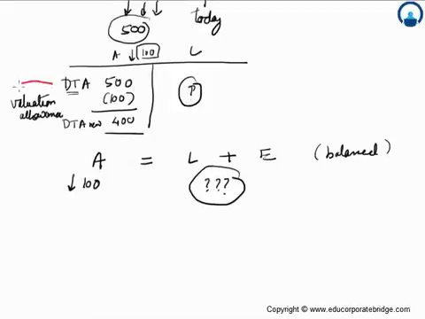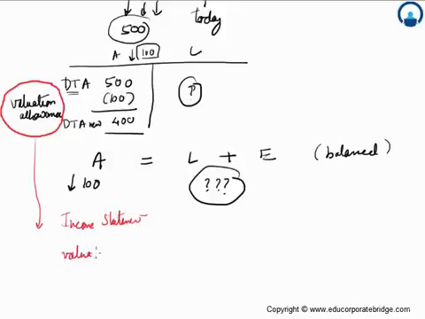What happens here is that this valuation allowance, which reduces your assets, is actually taken as an expense in the income statement. So in the income statement you'll find this as an expense called valuation allowance expense, and this will be to an extent of $100 here.